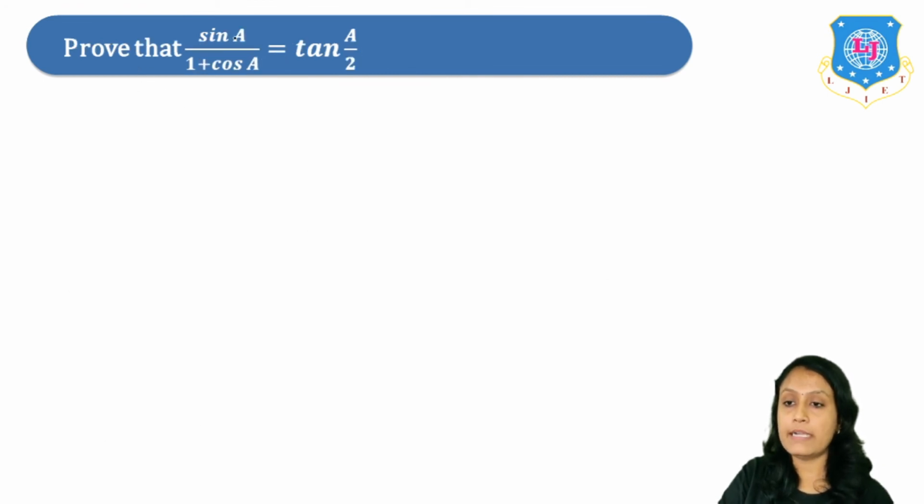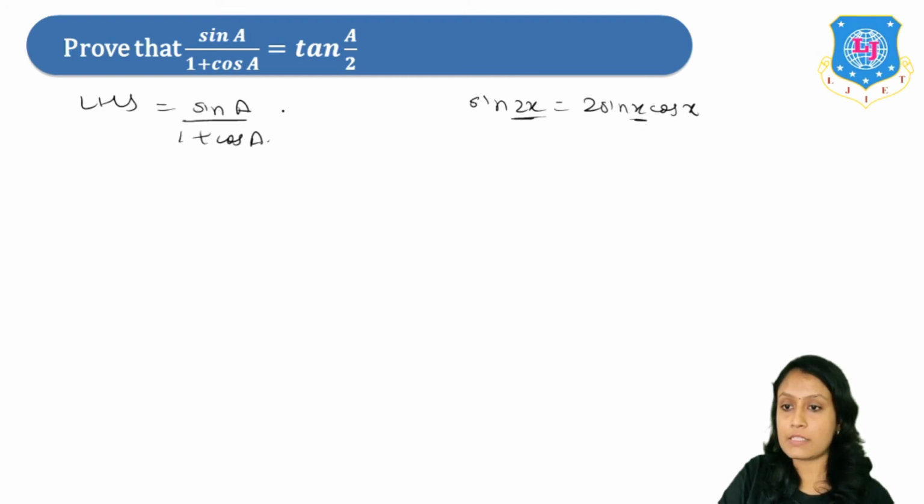We have to prove that sine a upon 1 plus cos a is equal to tan a by 2. So left hand side is given, that is sine a upon 1 plus cos a. So we will use this formula of sine 2x, that is 2 sine x cos x. Now here we have 2x, so we are writing x. So here we have a, so your answer will be 2 sine a by 2 cos a by 2.